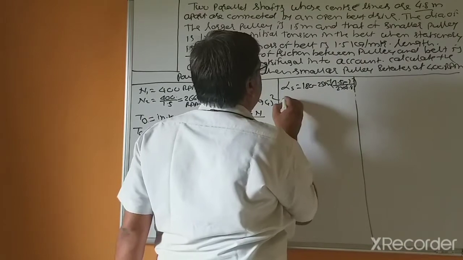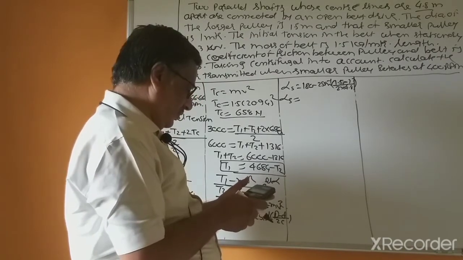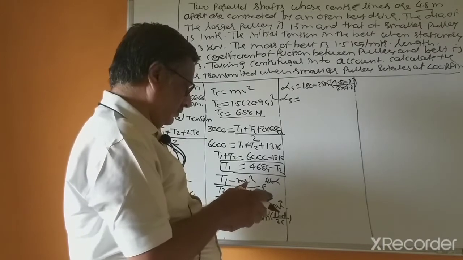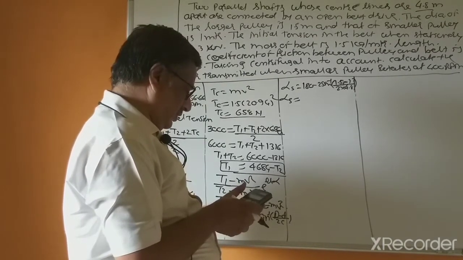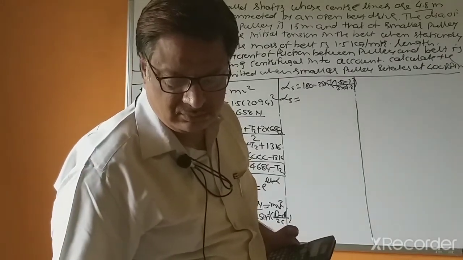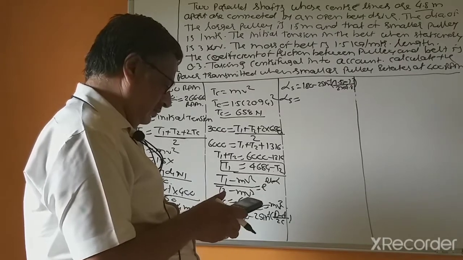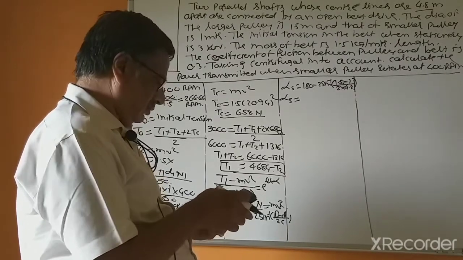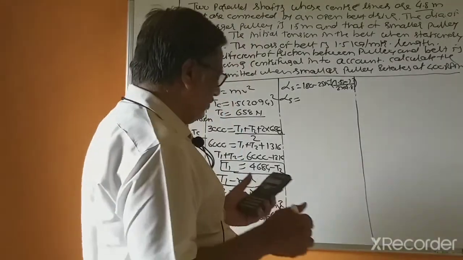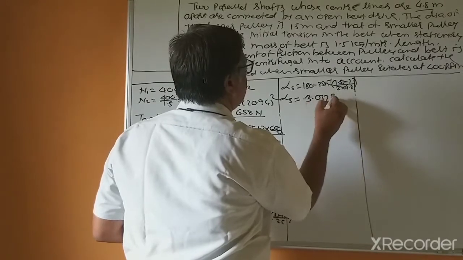So 0.5 divided by 2 divided by 4.8, inverse of sine, multiplied by 2. So this is equal to 3.037 radian.